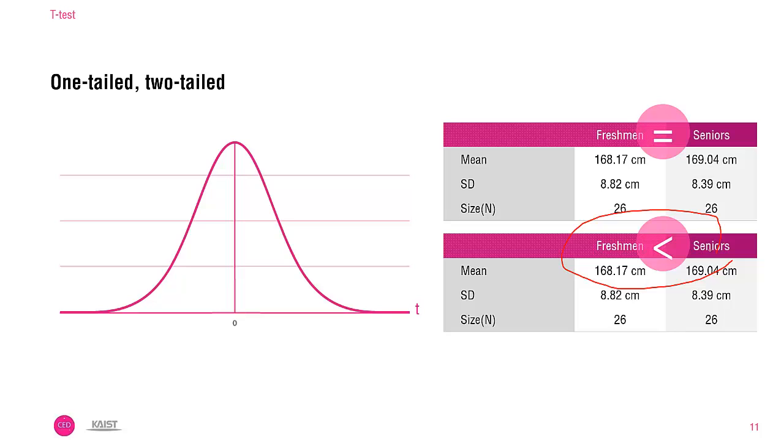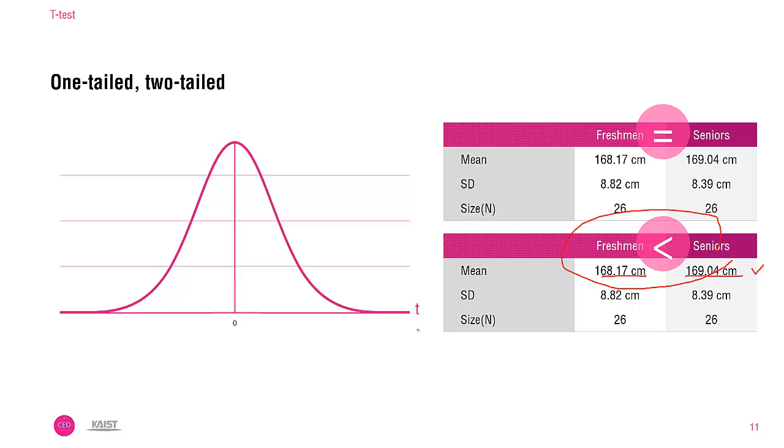Before we perform the t-test, it is already known that the seniors are bigger than freshmen because this number is bigger than this. So we can consult the t-distribution only focusing on the left tail.